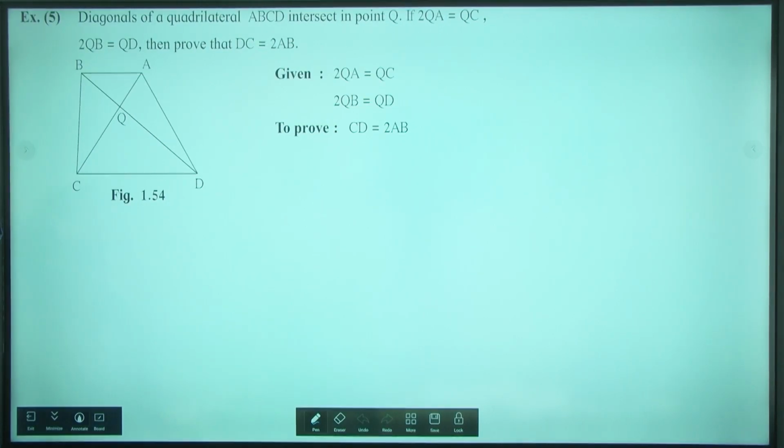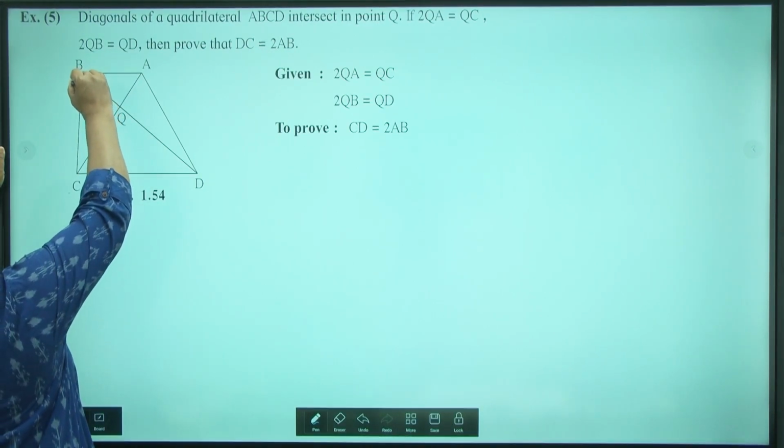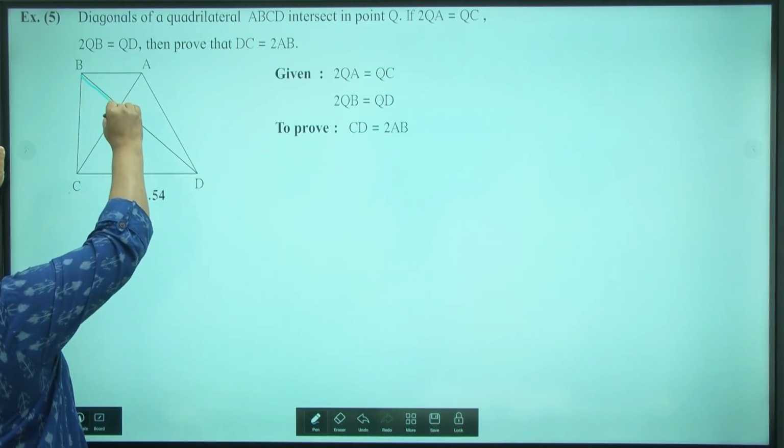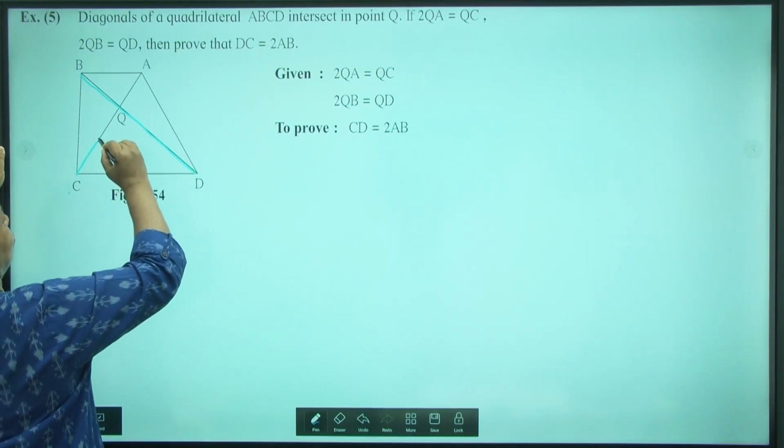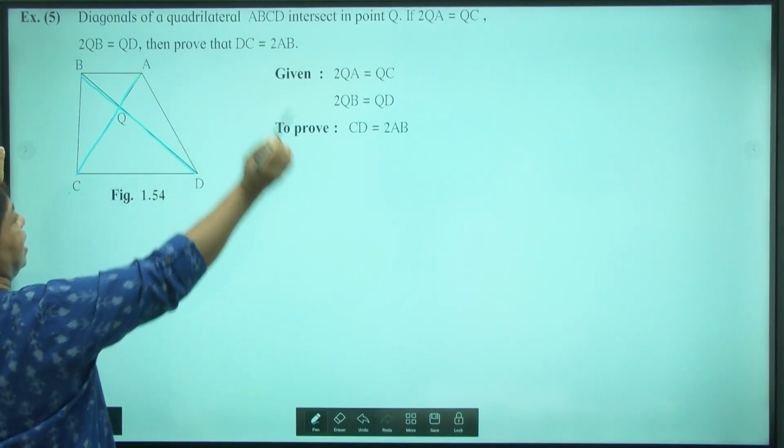Question number 5. You can see here one quadrilateral ABCD, and BD is the diagonal of the quadrilateral, and CA is also the diagonal of the quadrilateral.